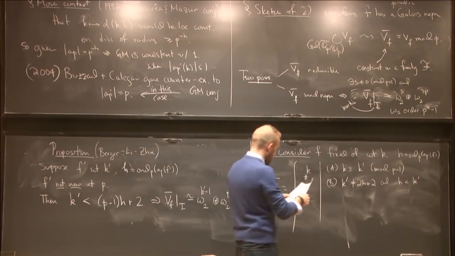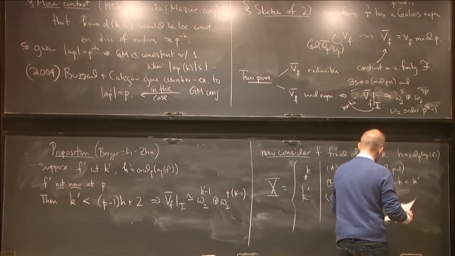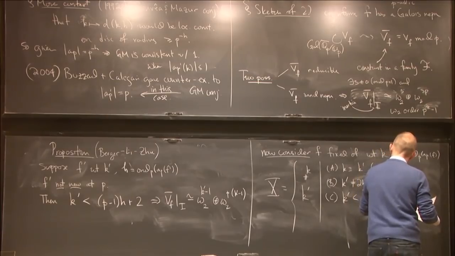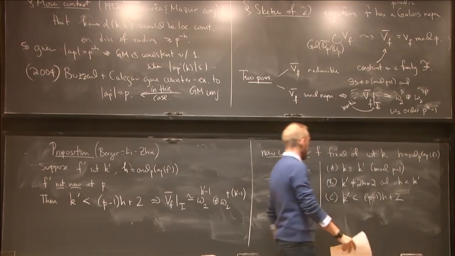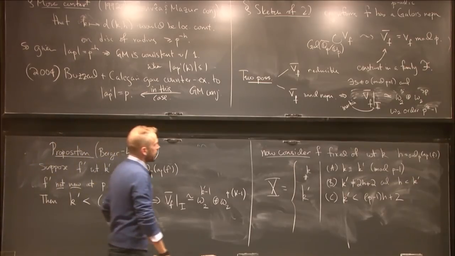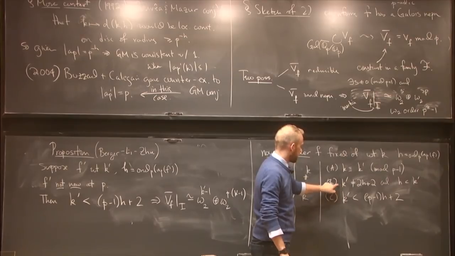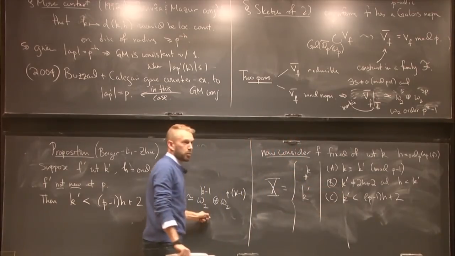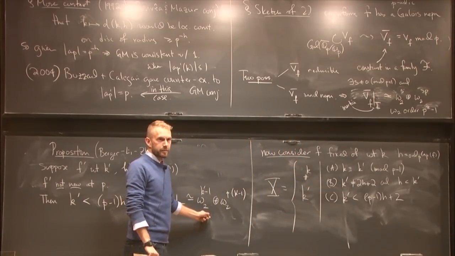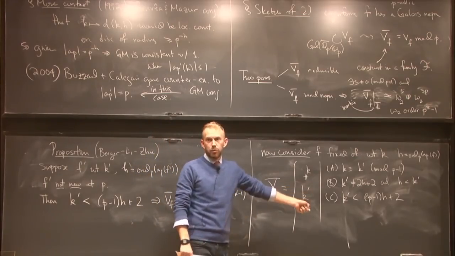Okay? And so then I also assume that k prime is less than (p minus 1) times (h plus 2), which tells me that my hypothesis in the theorem is satisfied. And so any eigenform of slope h and weight k prime now satisfying these two conditions, I know its Galois representation. Okay? And so the final condition is just to make sure that this is not the one that f has.